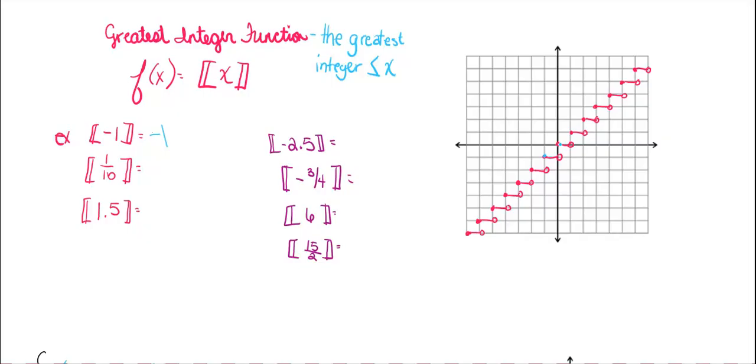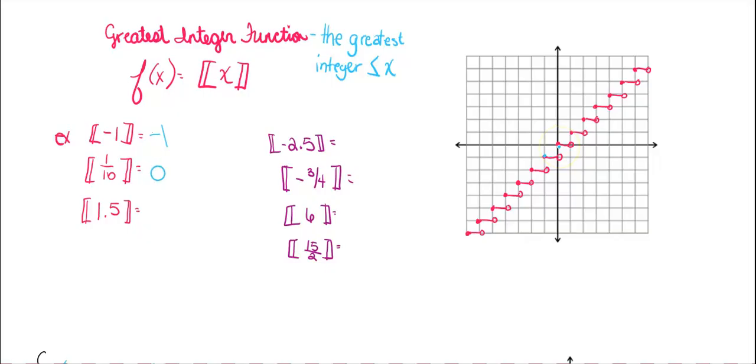What is the greatest integer that's closest to 1/10 that is less than or equal to 1/10? Well, it's not 1 because 1 is bigger than 1/10. It has to be 0. Do you see here on this graph? If I were to move x to 1/10, y would be 0, because 0 is the closest integer to 1/10 that is not bigger than 1/10. So when x is 1/10, y is 0.